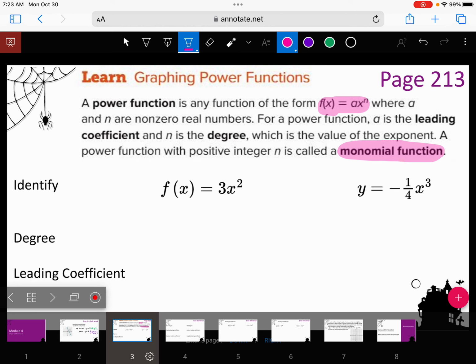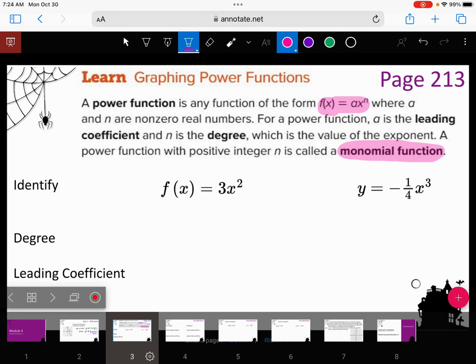And what we're going to start with is figuring out our degree and our leading coefficient. Again, not new, but it's been several weeks since we've done it. Probably a couple months. Does anyone remember what the degree is? So if we look at this first one, our degree is actually going to be the n in our generic form up here.